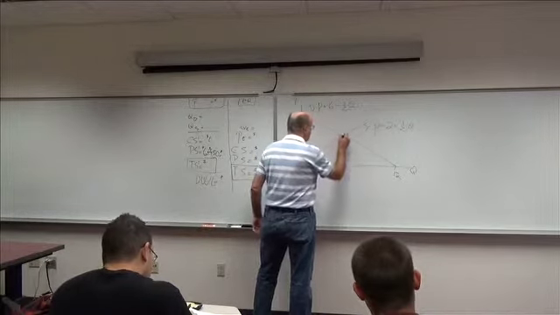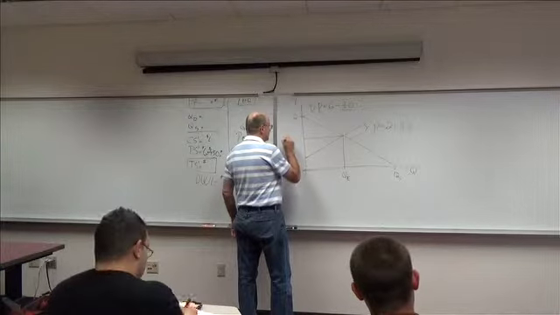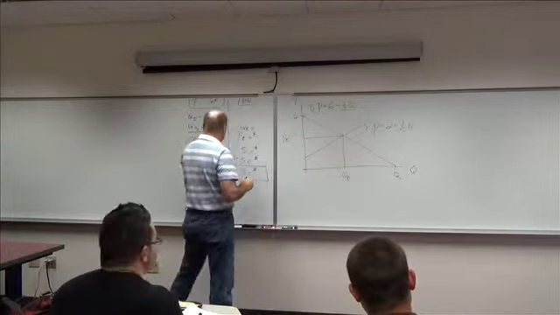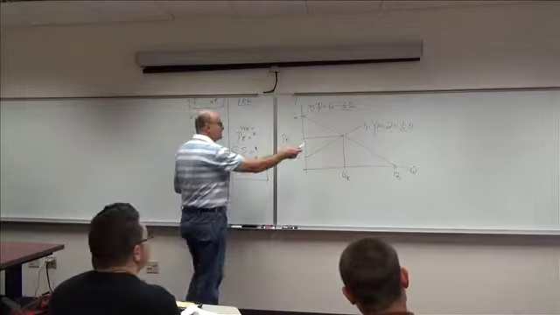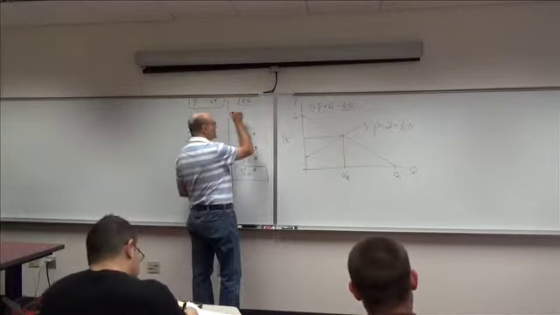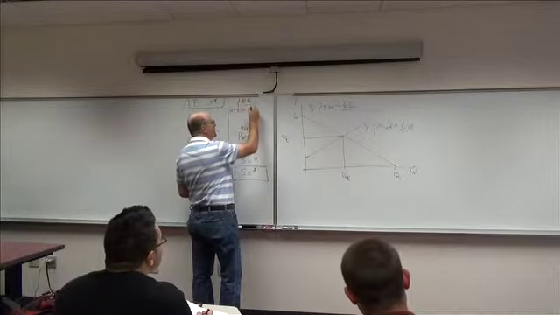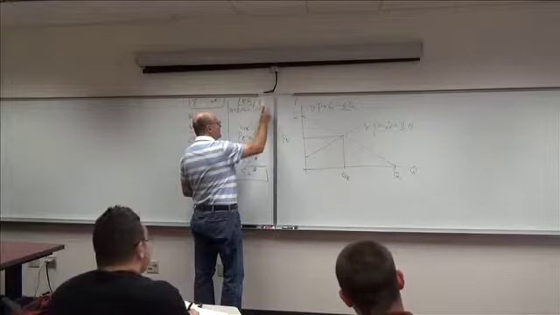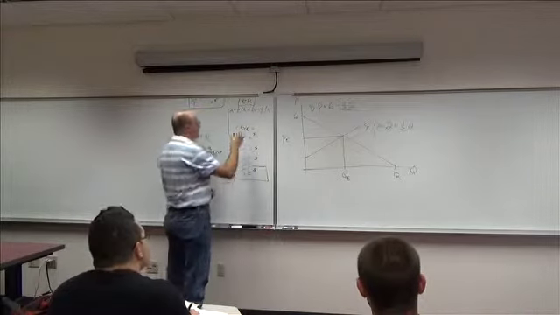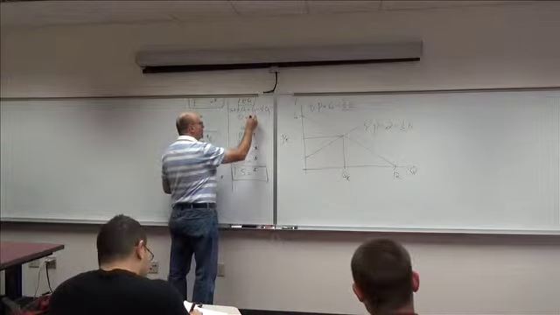Equilibrium quantity, equilibrium price. How do we find the equilibrium? We set the right-hand sides equal to each other. 2 plus half Q equals 6 minus half Q. From there, Q equals 4.